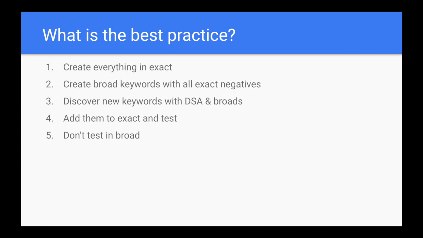The most important thing is do not test stuff in broad. Do not rely on broad match in Apple Search Ads. That's the thing you have to remember. And DSA is quite tricky there. It's not exactly how we used to think about it. You don't have a lot of data. So please be careful with DSA, be careful with broad, and definitely go for exact.